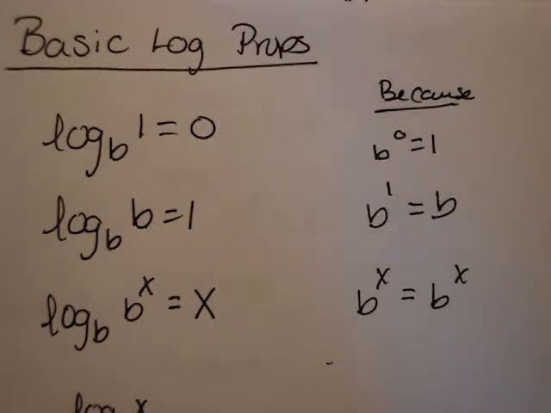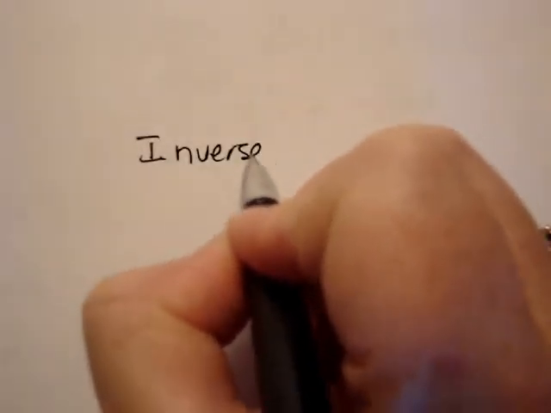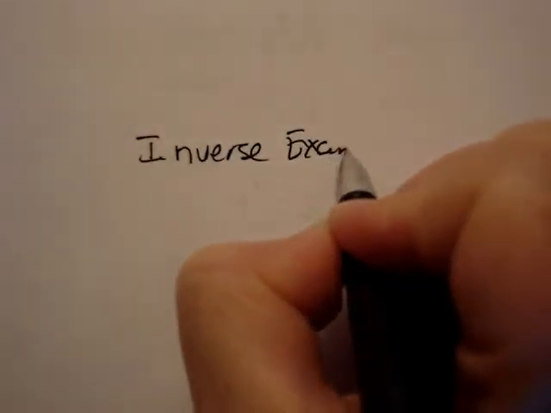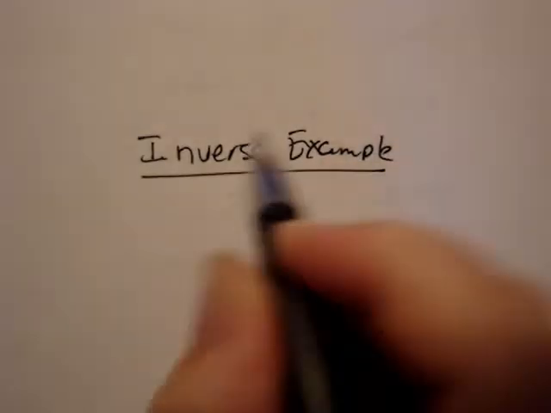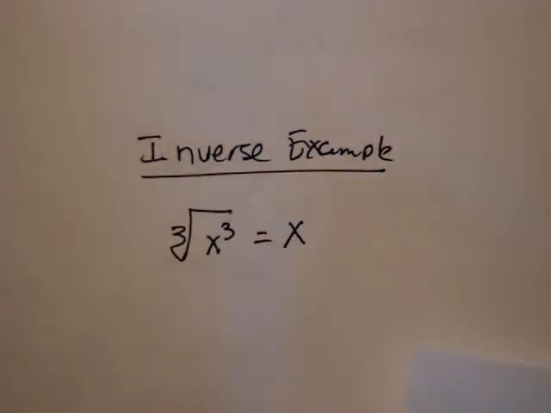So the example is, if I take the third root of x to the third power, what do I get? X, right? Okay? So that's what inverses do. Inverse example. The third root of x to the third power equals x, right?